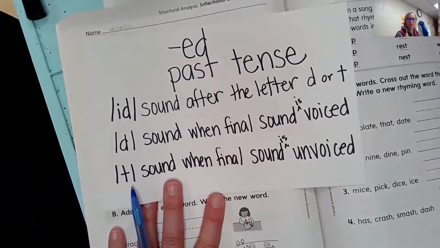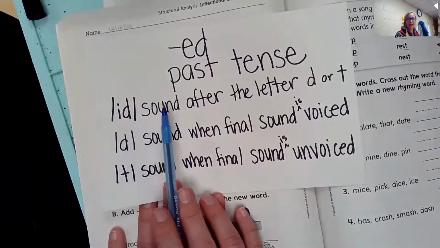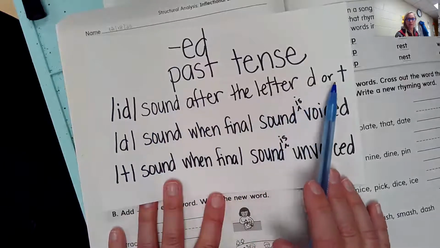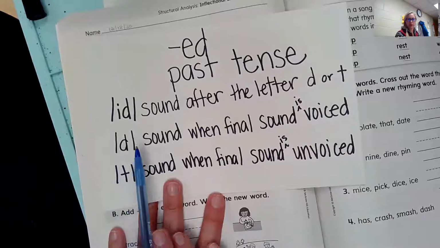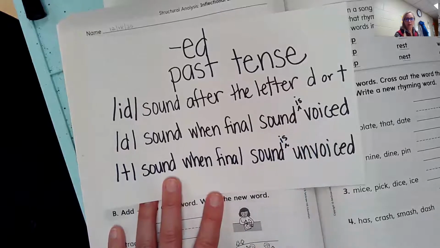How do we know what it should sound like? It should sound like id after the letter T or D. It should sound like the D sound when the final sound is voiced. Remember, we've talked about voiced is when we can hold our throat and we can feel our vocal cords move. We've been talking a lot about voiced and unvoiced when it comes to that TH sound.